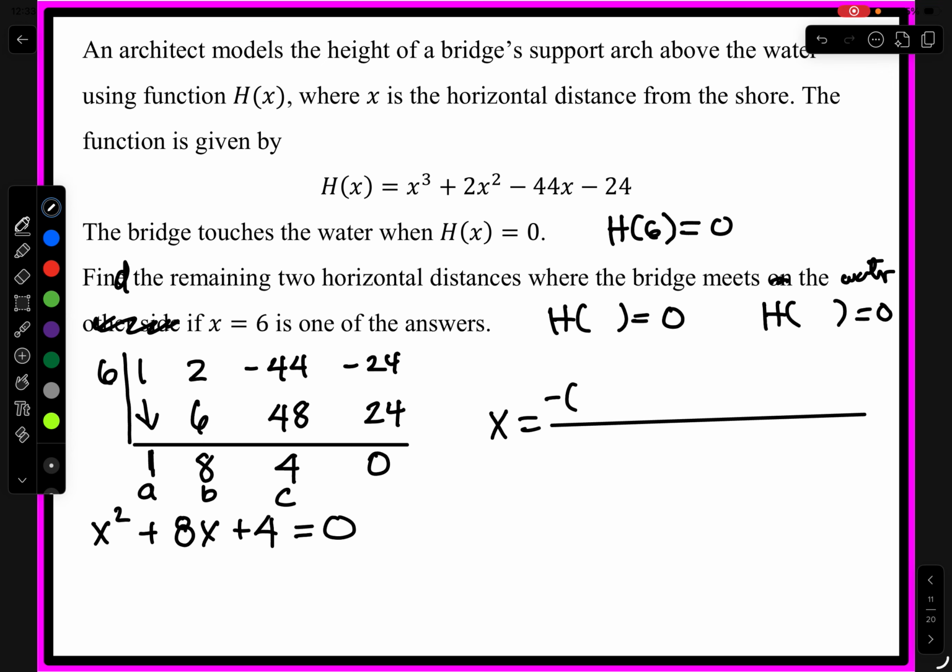So we have negative b, where our b value is 8, plus or minus the square root of b, 8 again, to the second power, minus 4 times our value of a, which is 1, times our value of c, which is 4. We're going to divide this by 2 times our a value once more, 1.